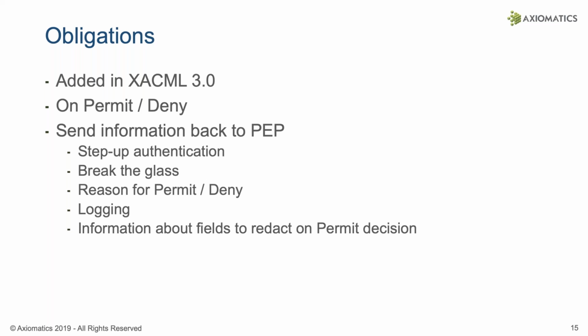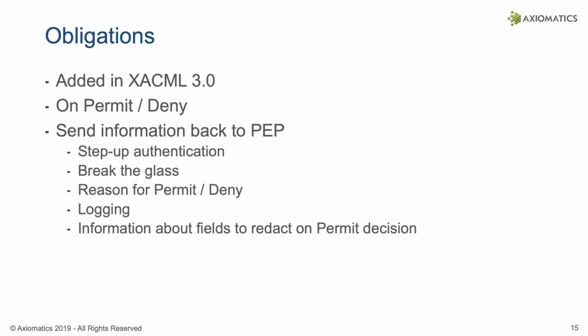Other scenarios could be break the glass, or a reason for permit or deny. A reason for deny could be useful to be able to handle by the caller, in the sense that you can act on it a little bit more. You can say deny because you don't belong to the correct department, or you don't have enough clearance, or your approval limit is not high enough, or something like that.